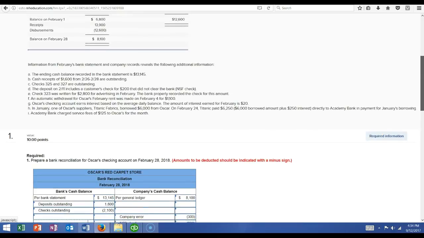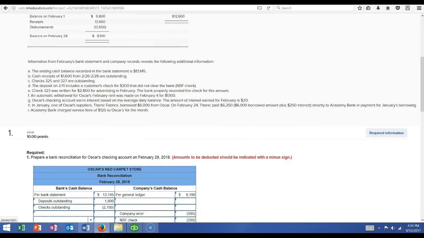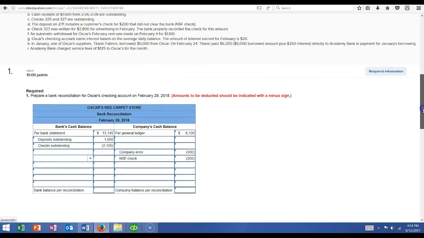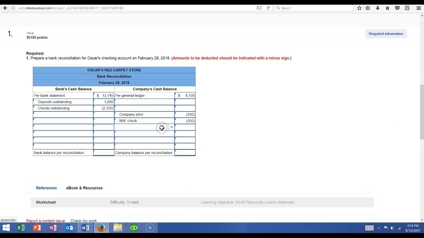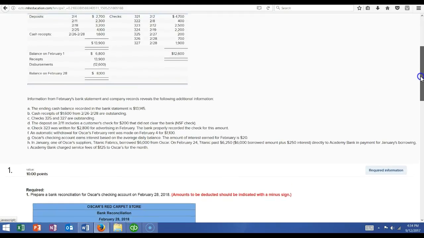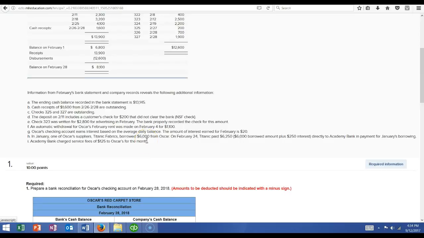From there, it tells us an automatic withdrawal for Oscar's February rent was made on February 4th for $1,100. So an automatic withdrawal, EFT for rent, minus $1,100. Then it says Oscar's checking account earns interest based on the average daily balance.